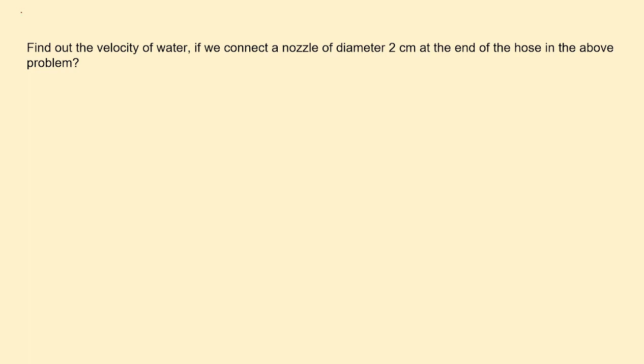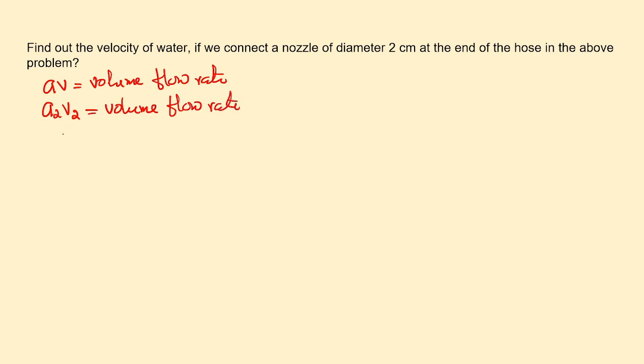Again, we know A into V is equal to the volume flow rate. Here the nozzle at the end of the garden hose is the second point, so let me write A2 V2 is equal to the volume flow rate.